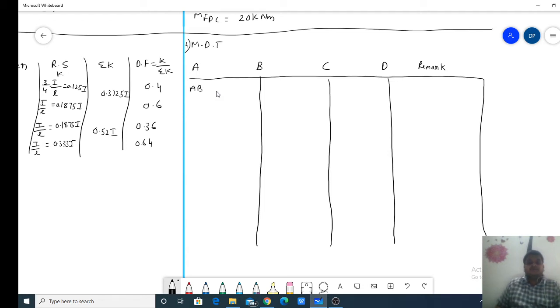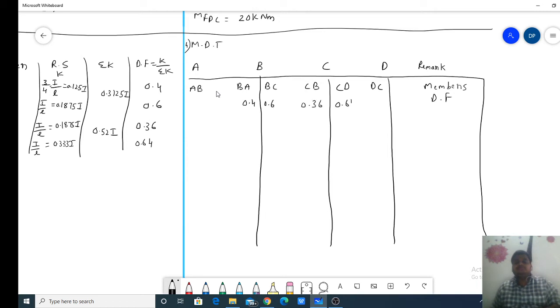The members are AB, BA, BC, CB, CD and DC, right? Now after members, I will be writing the distribution factors. So for B it is 0.4, this is 0.6, this is 0.36 and this is 0.64.